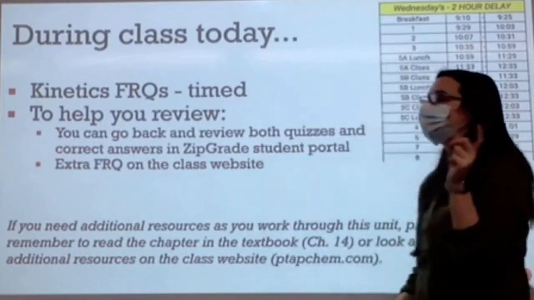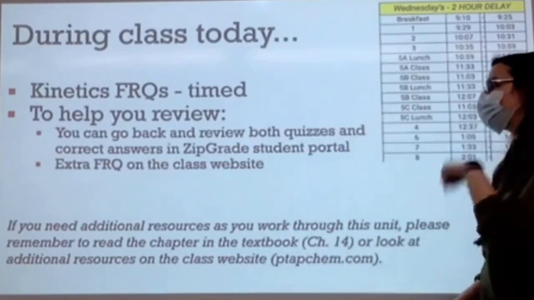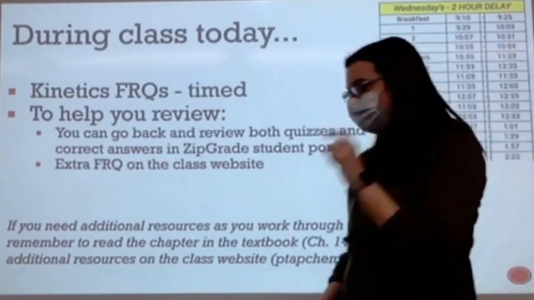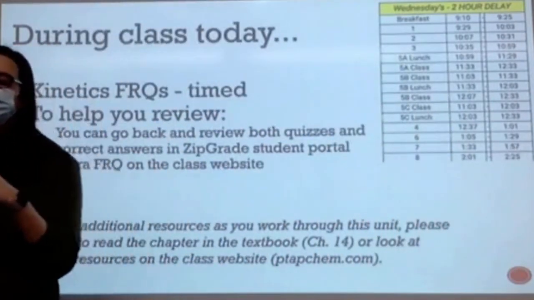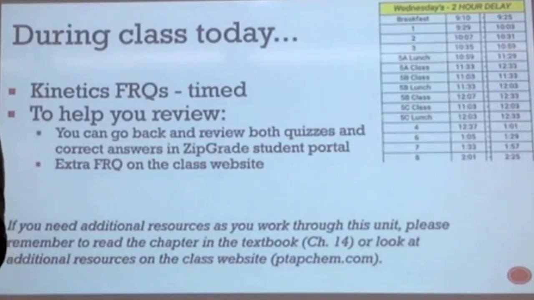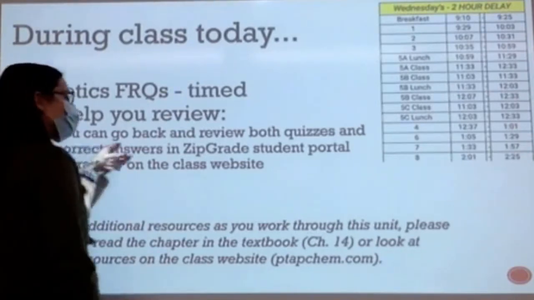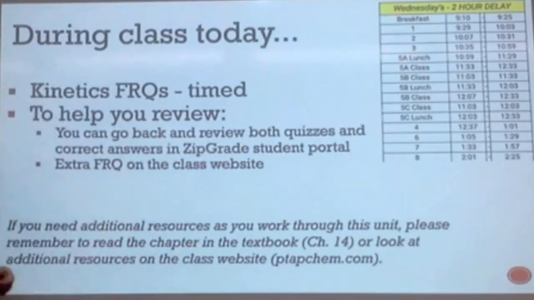You should see the Kinetics quiz 1 and the Kinetics quiz 2. If you click on it, you can see your answers and the correct answers. And what I also did in comments on Google Classroom is I linked the Google Doc. There was actually the answer key that I typed lots of extra information into. So you can go back and review those quizzes. I was looking through, so the first quiz, we actually talked about the most commonly missed questions before.